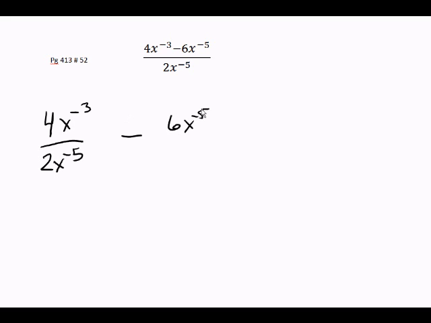In other words, 4x to the negative 3 is divided by 2x to the negative 5. And 6x to the negative 5 is divided by 2x to the negative 5. Do you see I put a minus there because there's a subtraction here? Do you understand that concept where the 2x to the negative 5 is really underneath both of those?